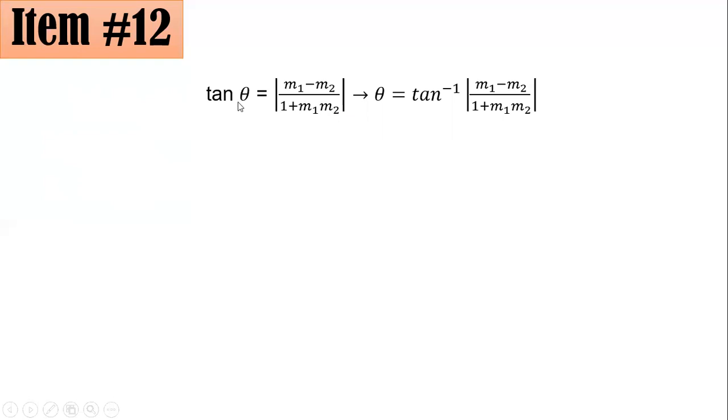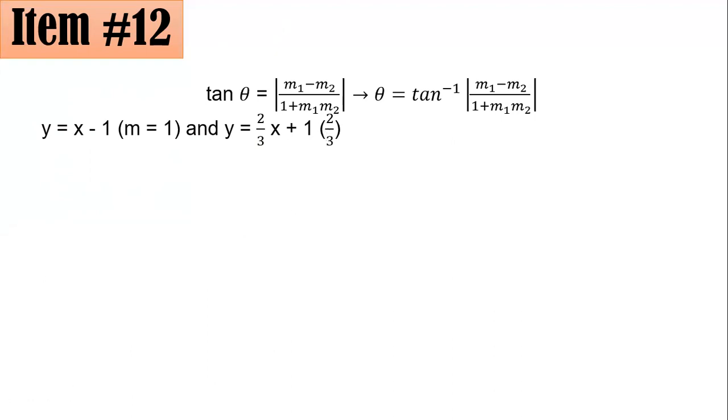And if we get the tangent inverse or the arctangent of both sides, the arctangent of tangent theta is theta, which is equal now to the tangent inverse or the arctangent of the right-hand side, where m sub 1 and m sub 2 are the slopes of your two lines. Okay? They are distinct slopes of your two lines. And with such, for y equals x minus 1, the slope here is 1. And for y equals 2/3 x plus 1, the slope here is 2/3.